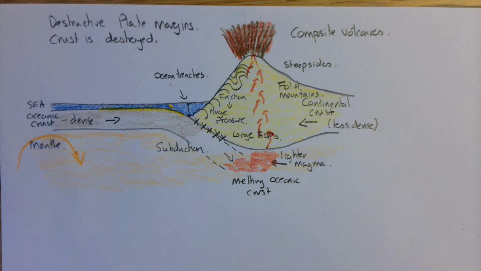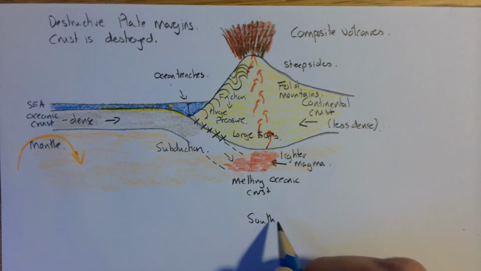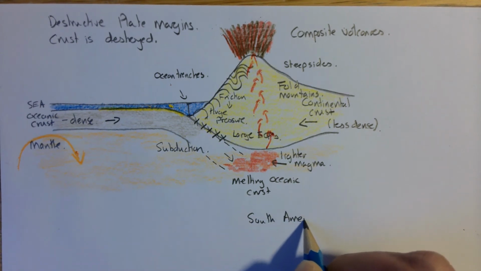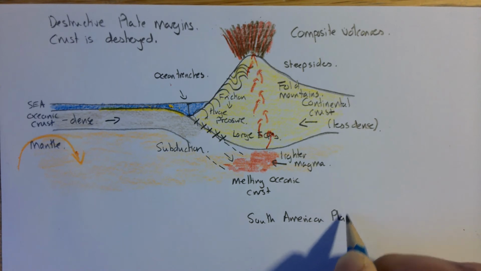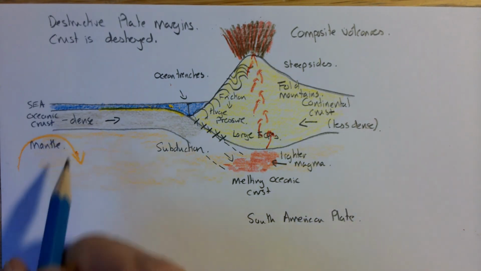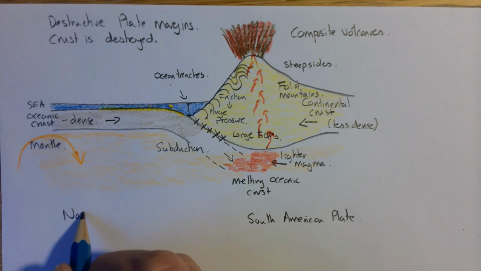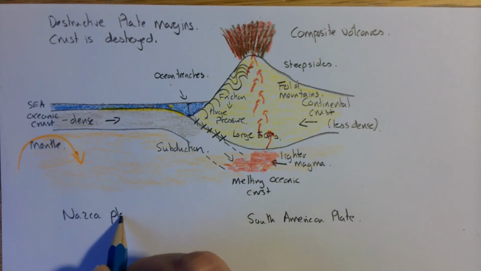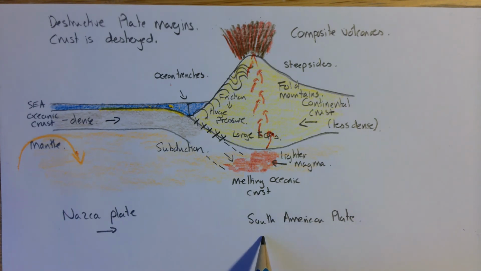Now, as a real-world example, probably the best bet is to look to South America, where we have the South American plate, continental, converging with the oceanic plate that is called the Nazca plate. So the Nazca plate is moving towards the east, and the South American plate is moving westwards.